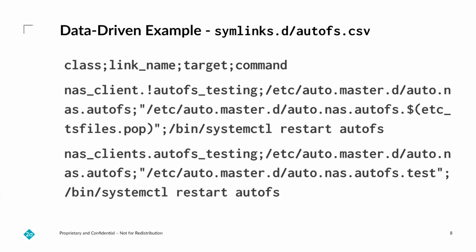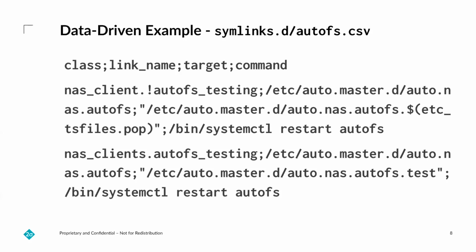That's one of the patterns in how we do our data-driven configuration. Almost everything that we do has an optional command. With packages, no. But there may be something that you need to do in order to affect the change when you've changed that configuration.